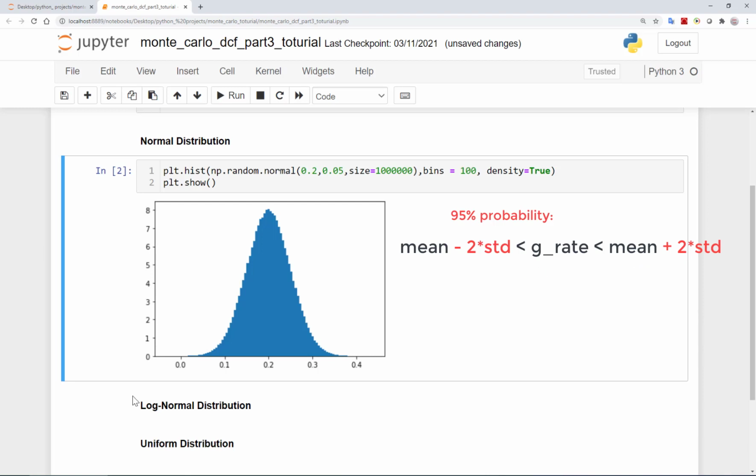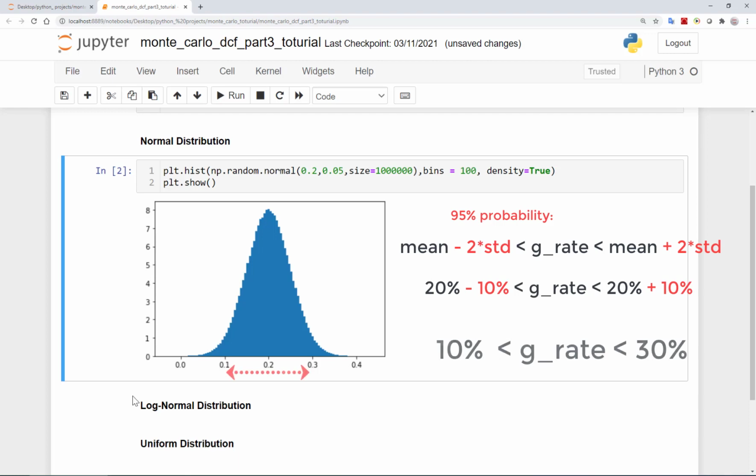And 2 standard deviations around the mean would give us the range from 10% to 30%. So I can say that with a probability of 95%, the numbers drawn from a normal distribution with the mean of 20% and the standard deviation of 5% are between 10% and 30%.